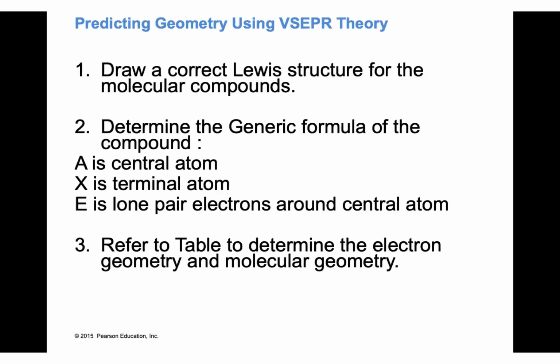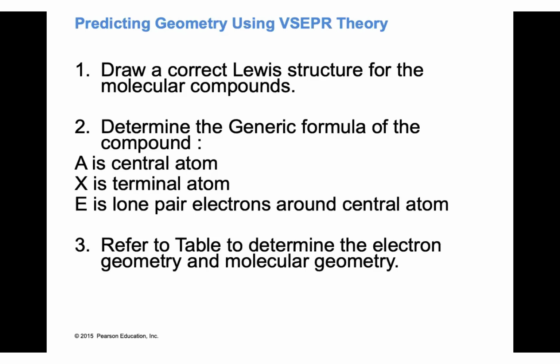So how can we predict the geometry of molecules using VSEPR theory, or valence shell electron pair repulsion theory, that I talked about? The repulsion between electrons makes the geometry of molecules. The first thing is to draw the Lewis structure of the molecule. Here, I'm going to talk about only the Lewis structure and the geometry of molecular compounds, okay?